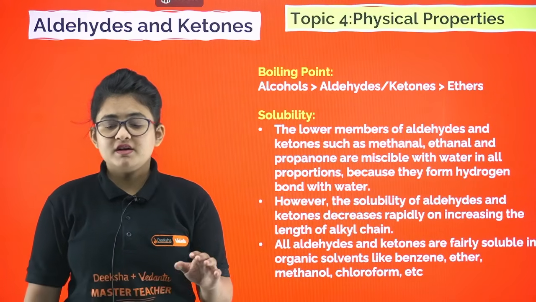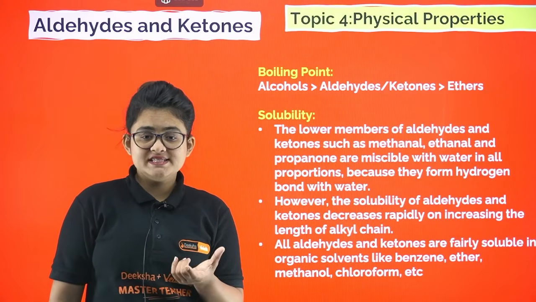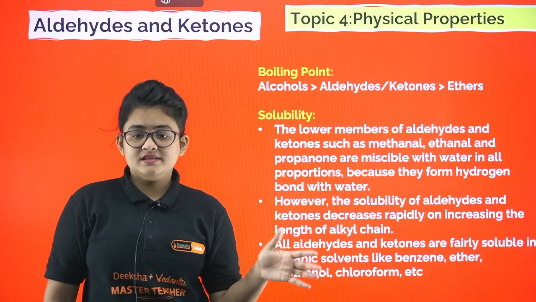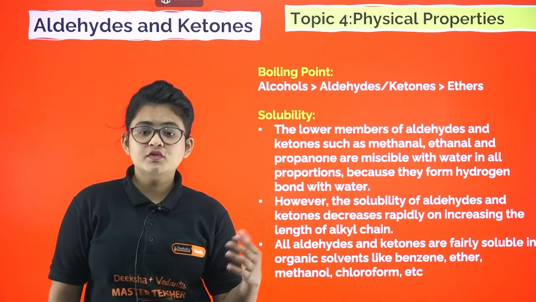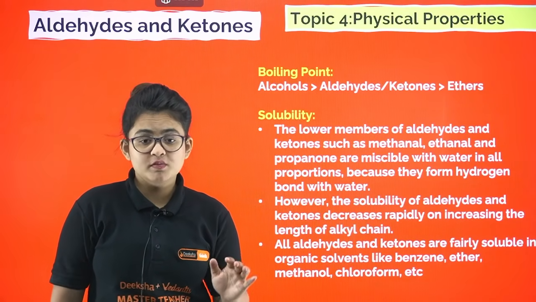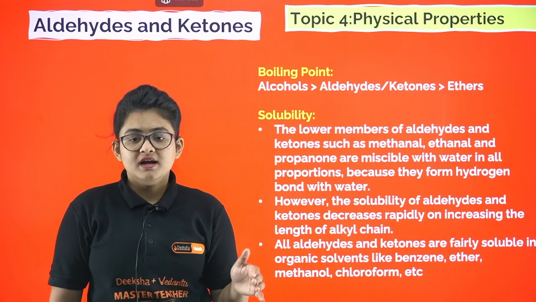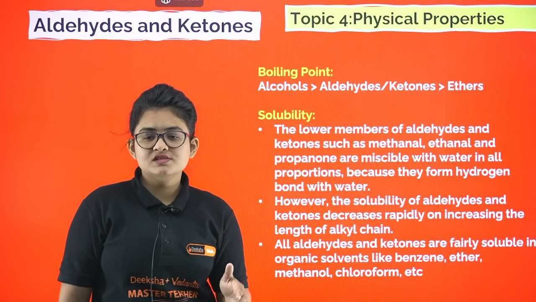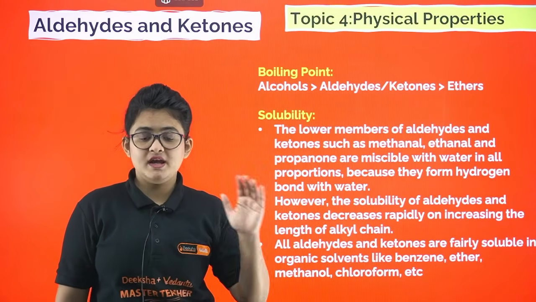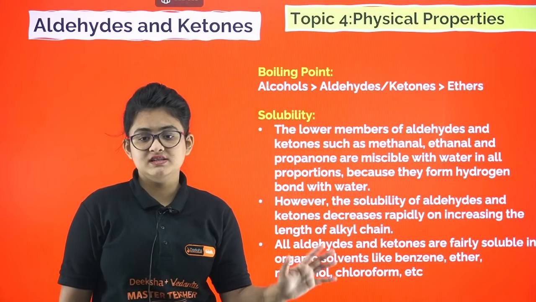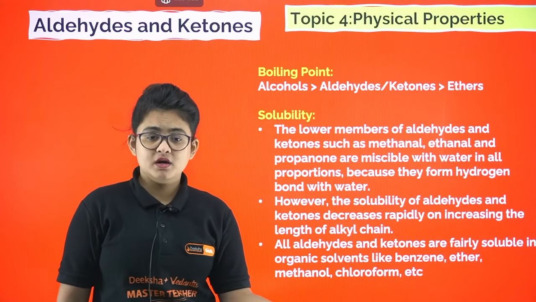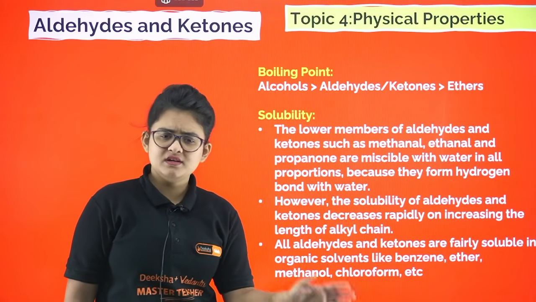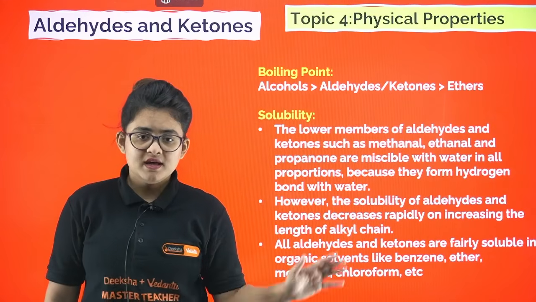But when the alkyl chain enlarges, the hydrophobicity increases, so solubility in water decreases. Aldehydes and ketones are fairly soluble in any organic solvent like benzene, ether, chloroform, methanol. They are nicely soluble in them. Okay, I guess it's clear.